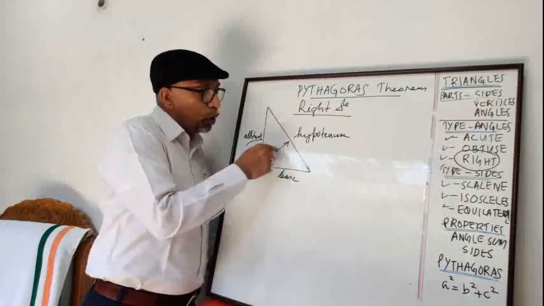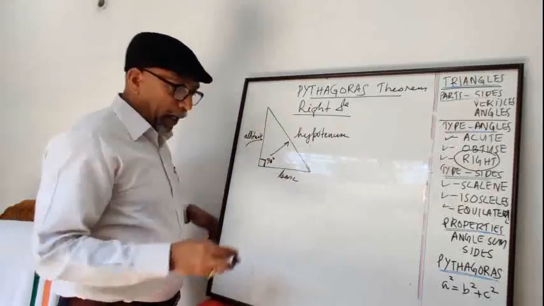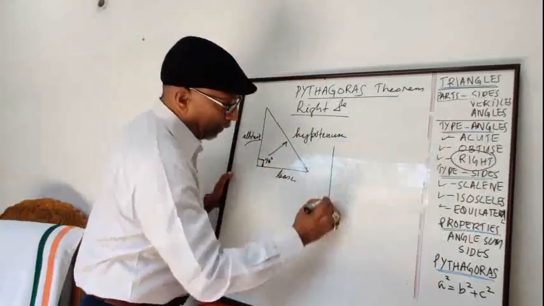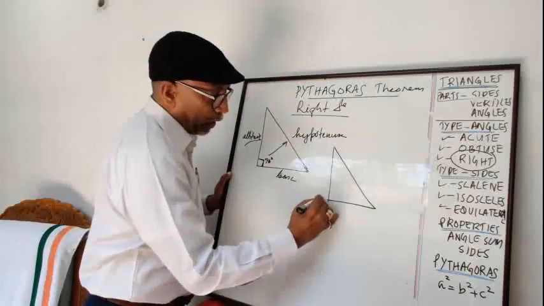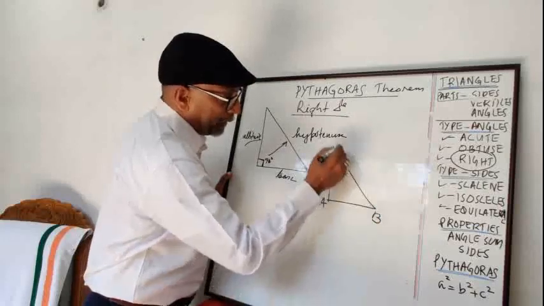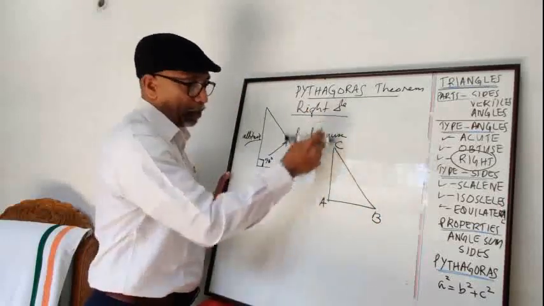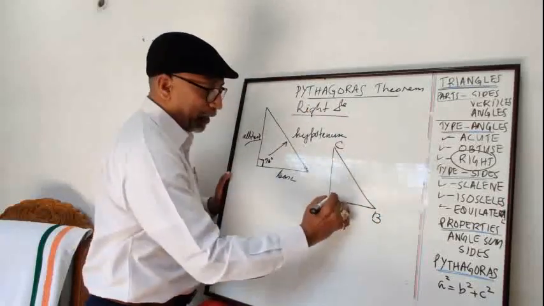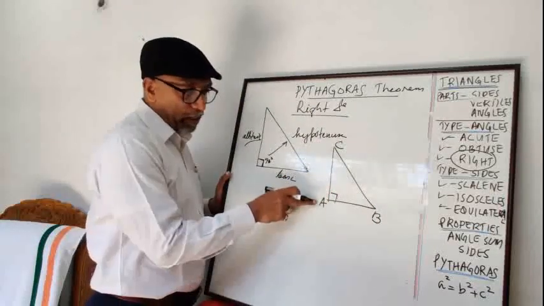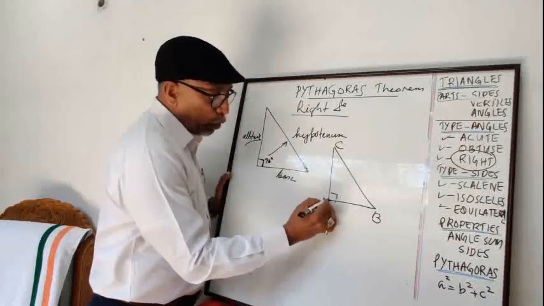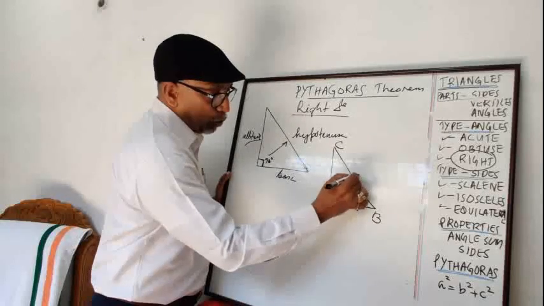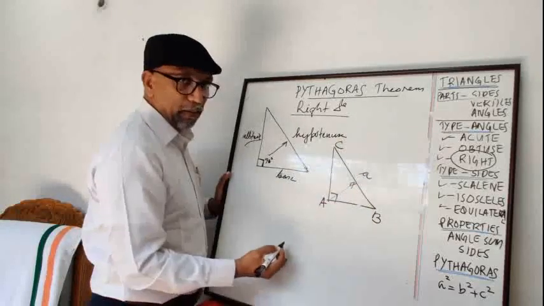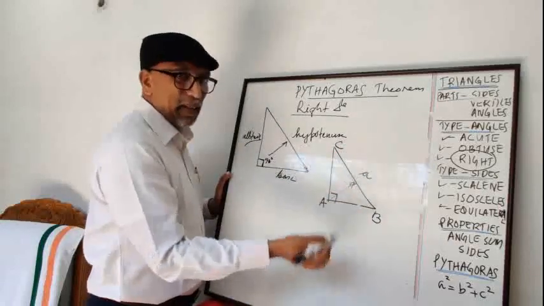Now once again, if this is a triangle, call it triangle ABC, right-angled at A. Then normally, the side opposite to this one we call small a, say like 7 centimeter, 8 centimeter.